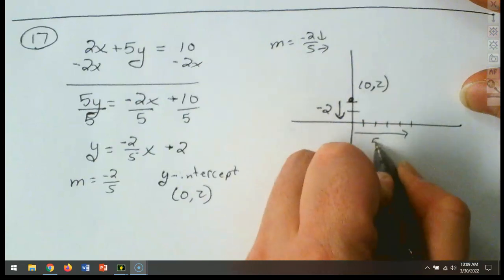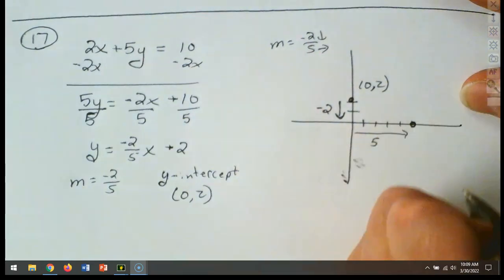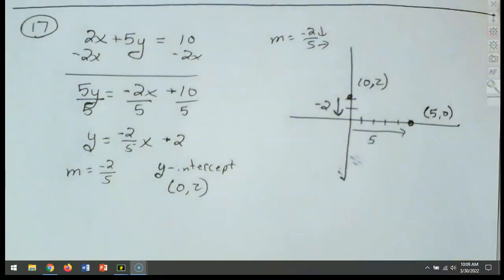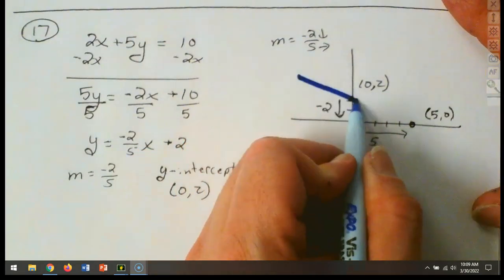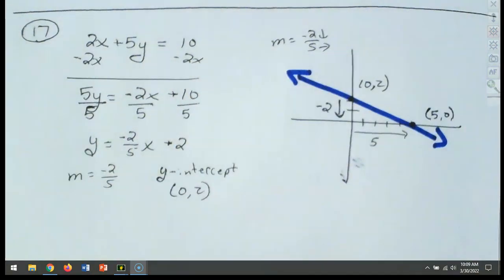And if you want to label that point, you can, which would be 5, 0. If you don't want to, that's fine too. That's your x-intercept actually. Connect them together. We don't have to check it for shading. No shading is involved. Why not? Because it's an equals, and that's it.